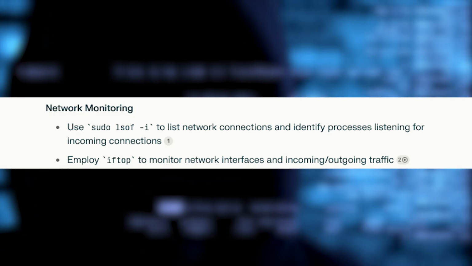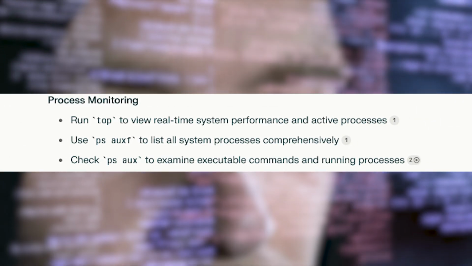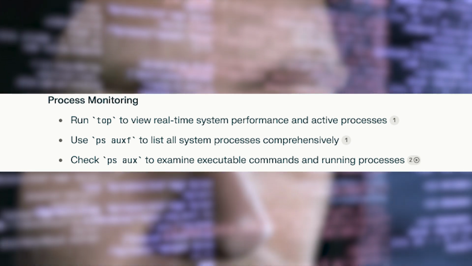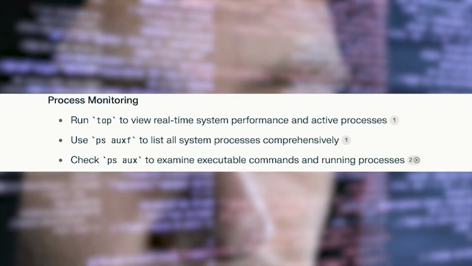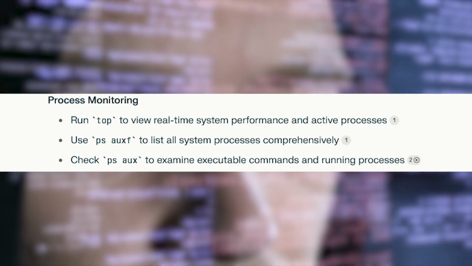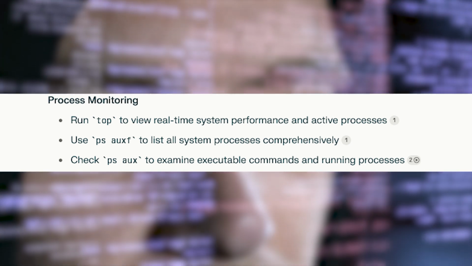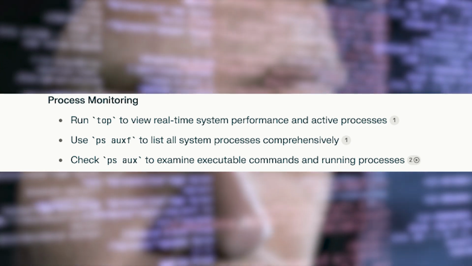For process monitoring, run top to view real-time system performance and active processes. Use ps -aux to list all system processes comprehensively, and check ps -ef to examine executable commands and running processes.